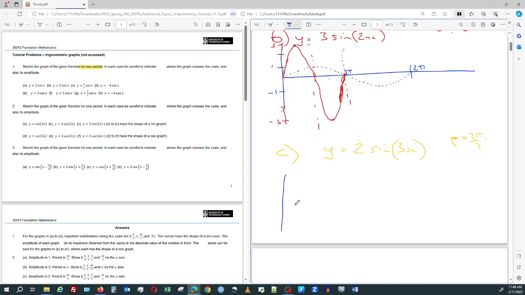So I've only got to go for a nice, swoopy sine wave. Down you come again. Up you come again. Oh, went a bit far this time. So there's my 2 pi. There's my pi. 1, minus 1.